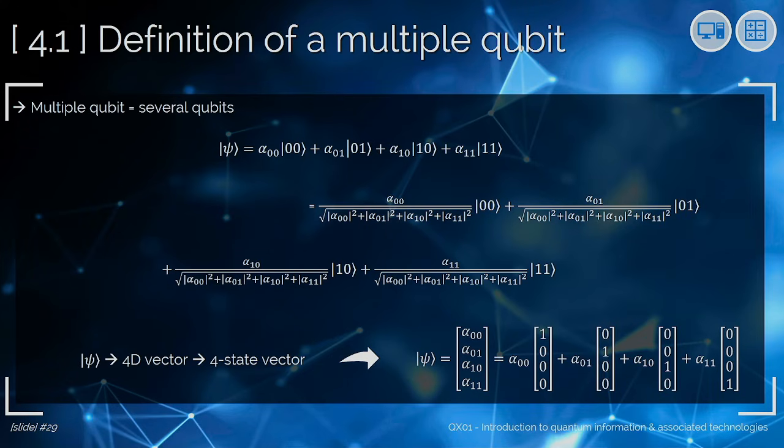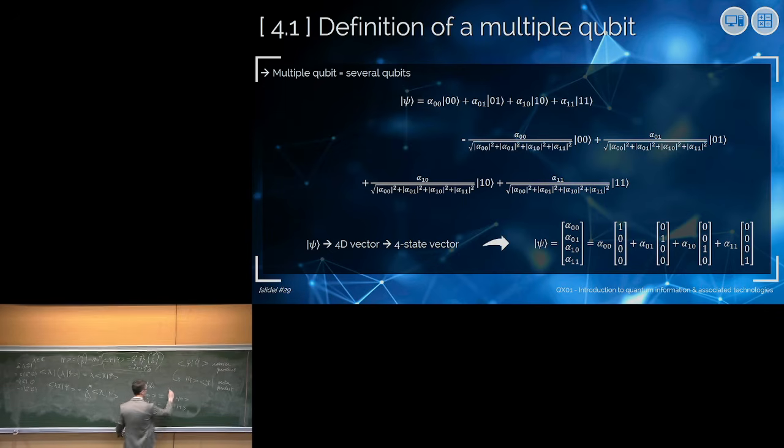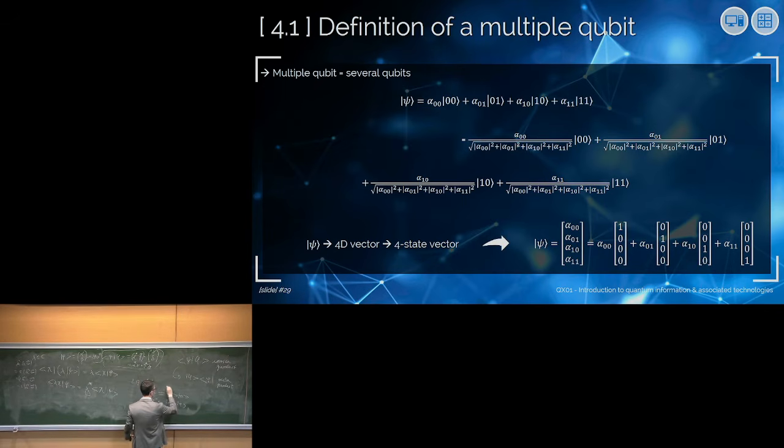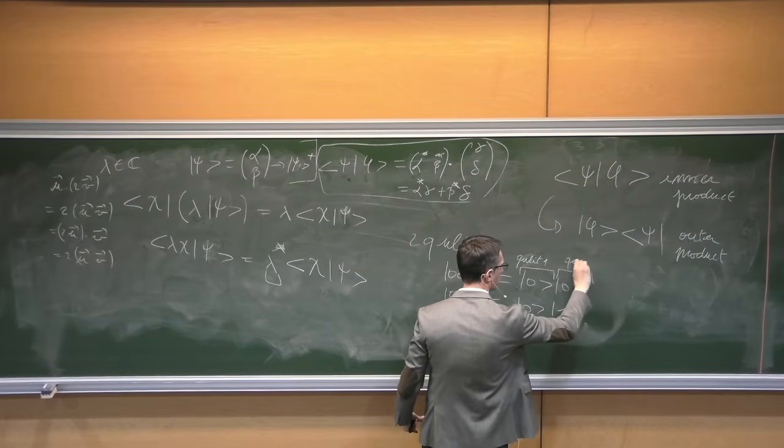So for 2 qubits, 0, 0 is written like this. As we will see, this is another notation. 0, 1 is this. So that would be qubit 1, and that would be qubit 2.